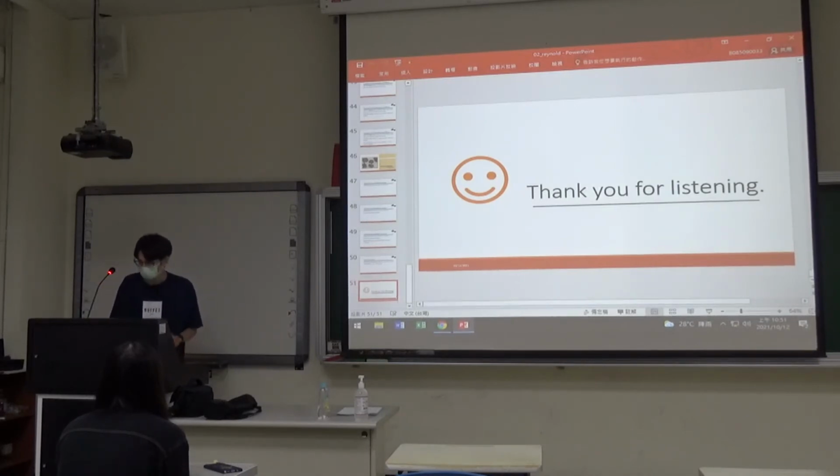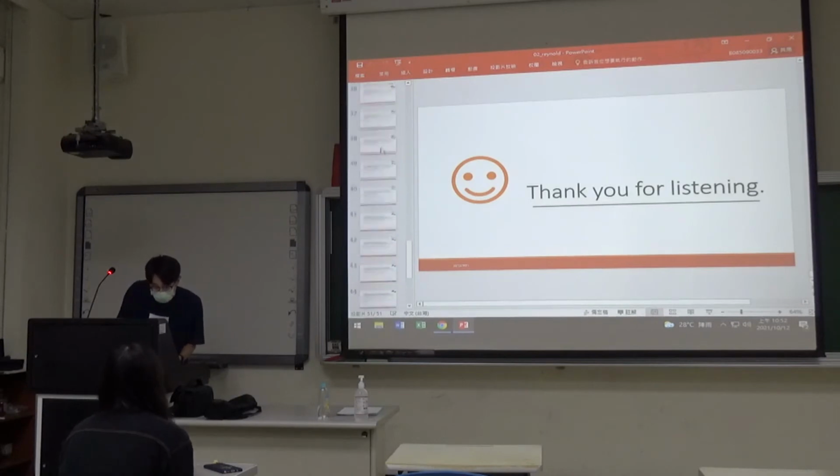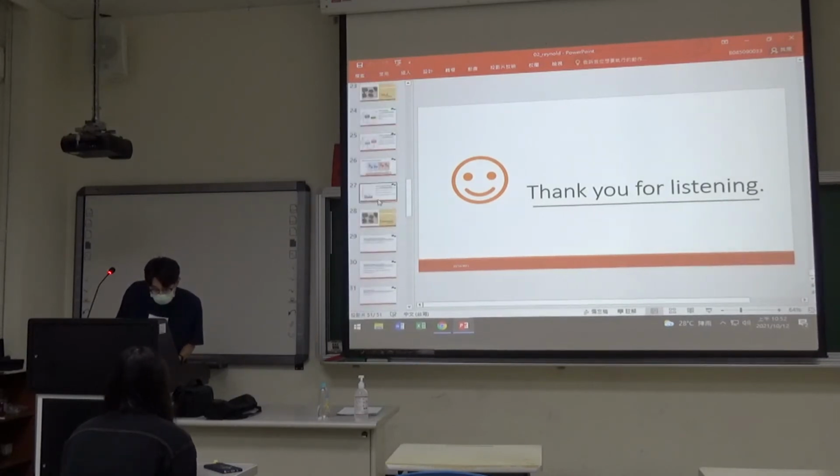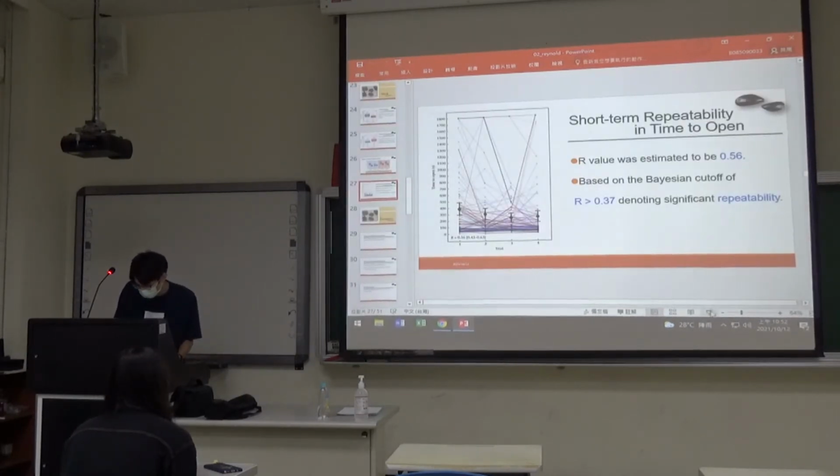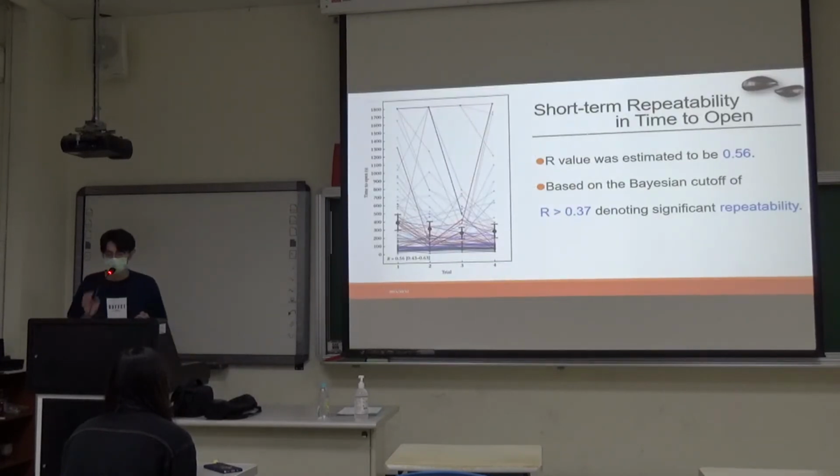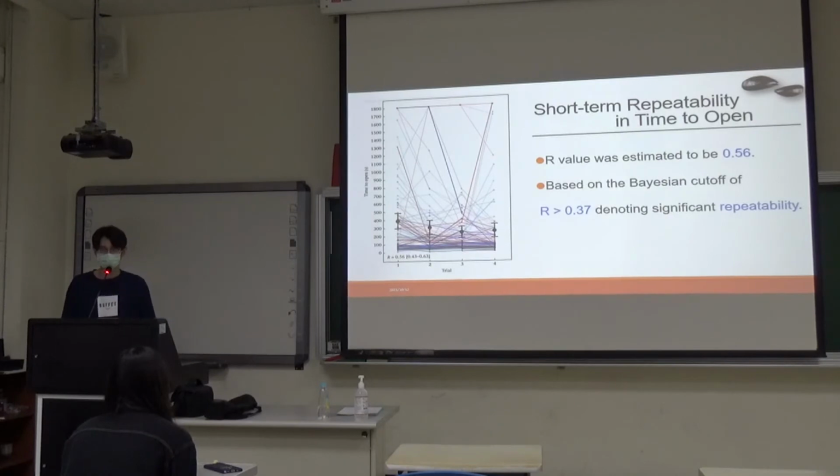How do we get the R value? Because I think the statistical method was so complex, I didn't expand on the details.